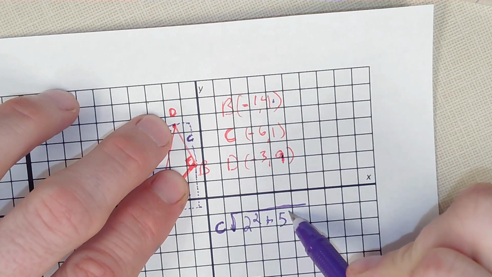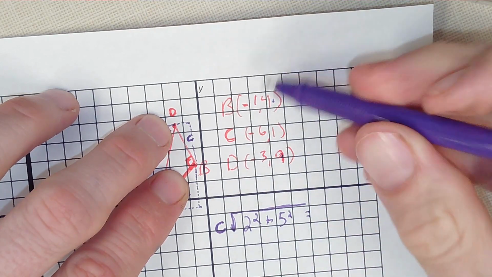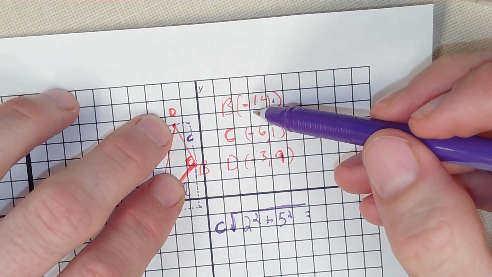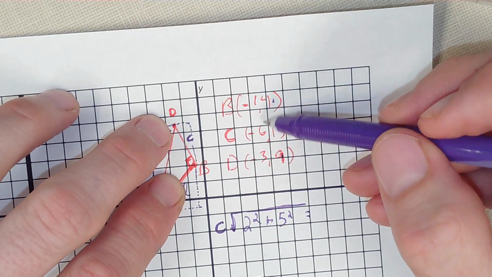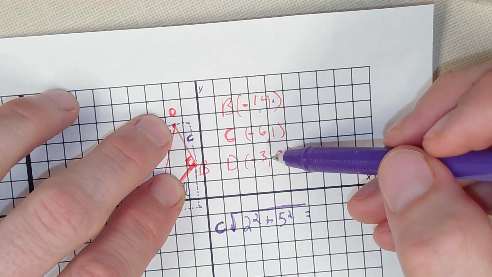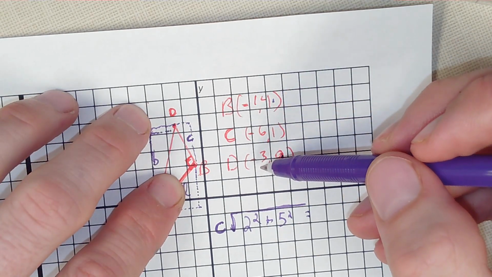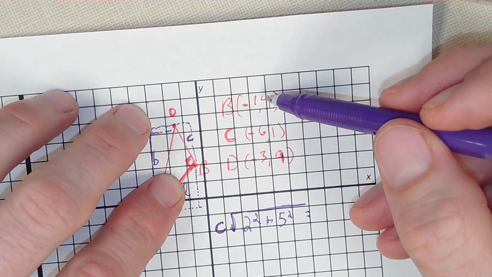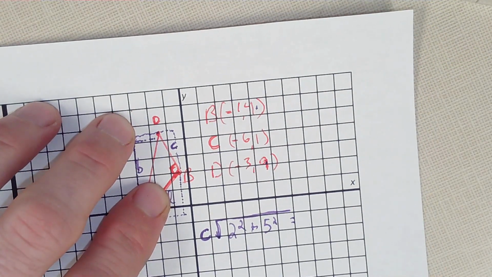So 5 squared. Wait a minute, I copied down some things wrong. -1, 4, -3, -1. Did I pause this? Just a second.